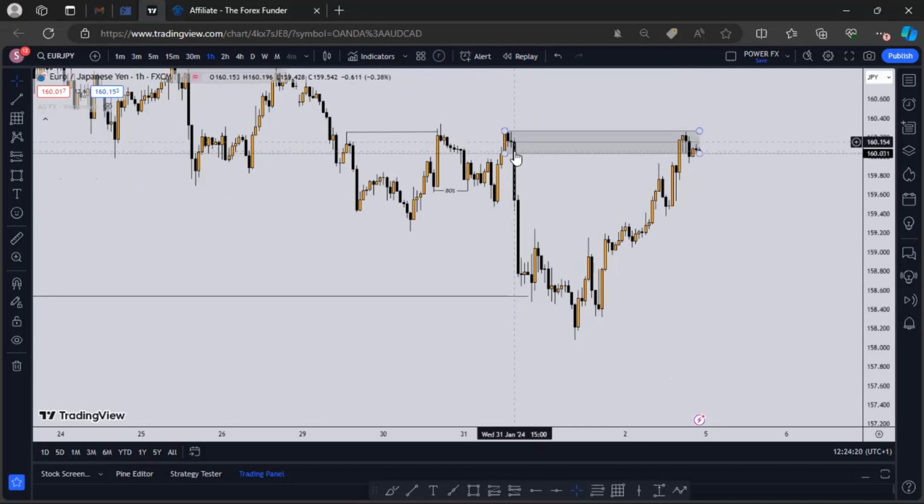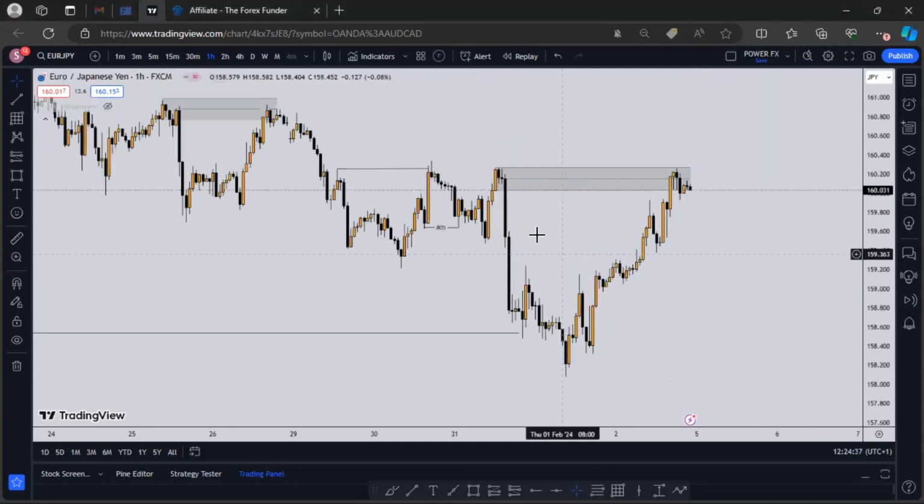Like I told you guys, in some analyses your order block will not sit at your zone, it will sit above or beneath your zone. For this particular analysis here, the order block was sitting at around the supply zone. Here was the order block.